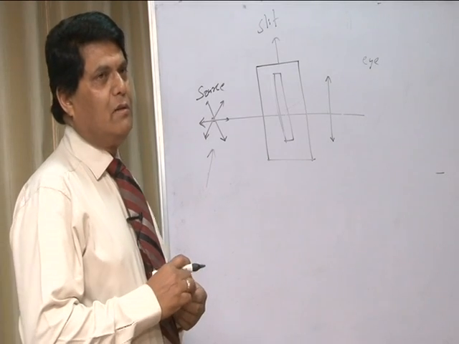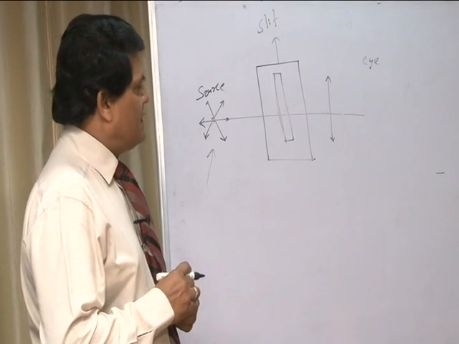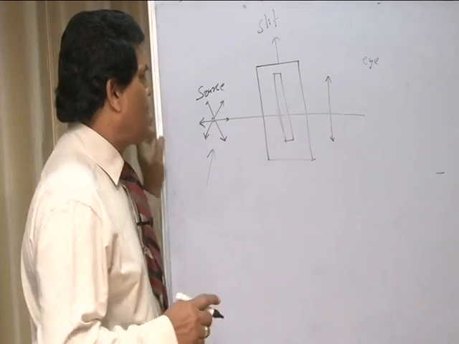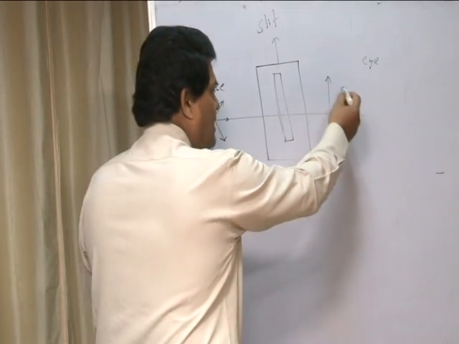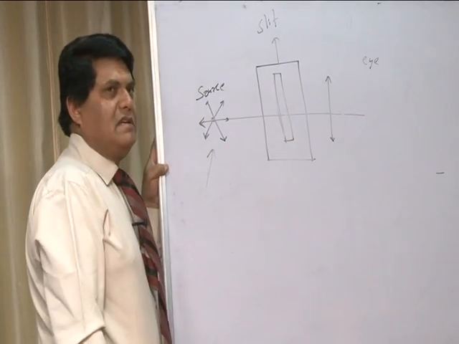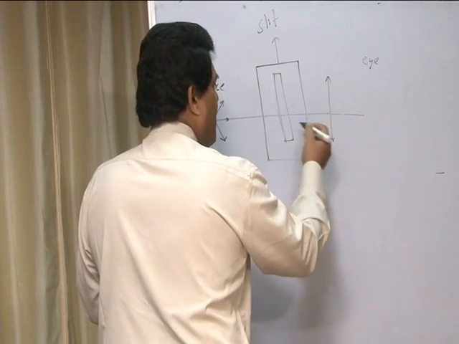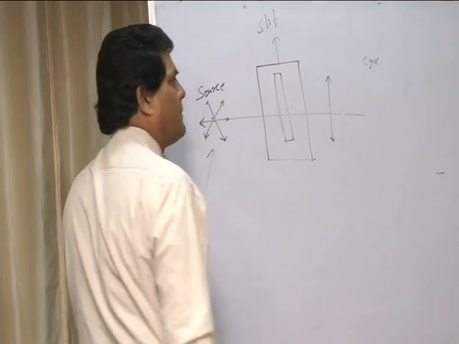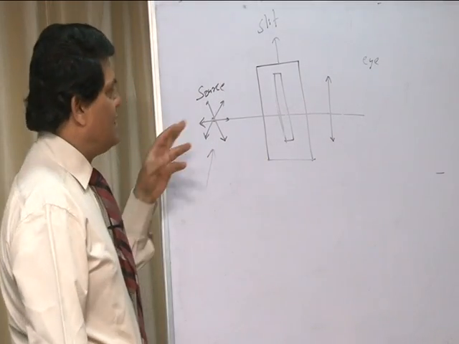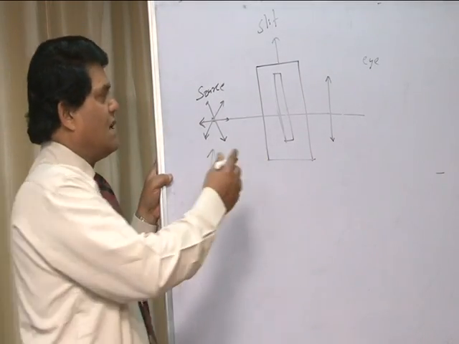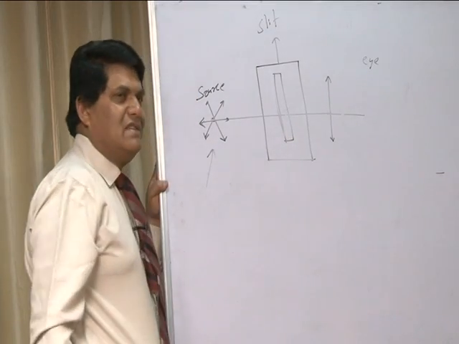Now the majority of the vibrations have been removed, and only the vibrations parallel to this slit are allowed. So you can see the same object from the side, but its intensity is reduced.